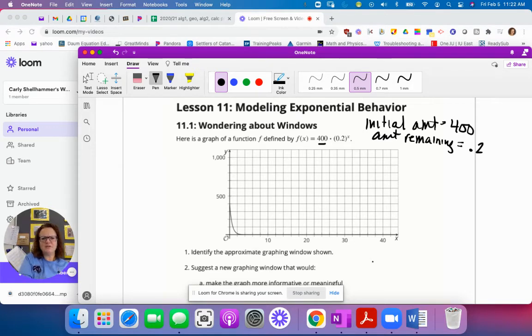So shown, that means that my x-axis is from 0 to, let's see, 2, 4, 6, 8, 10, so 44. And then that goes up to 1,000, 1, 2, 3, 4, 5, 1,100.